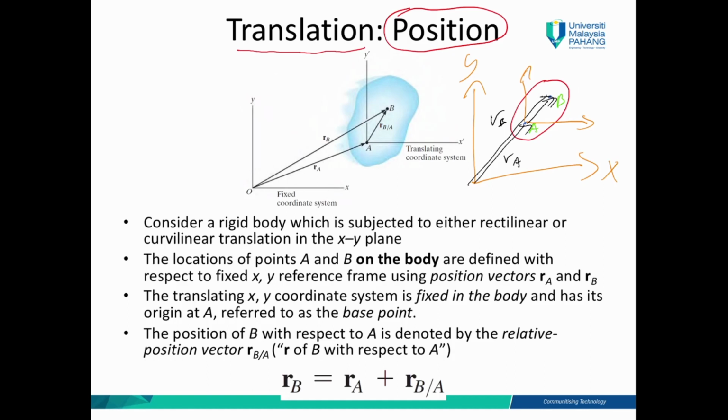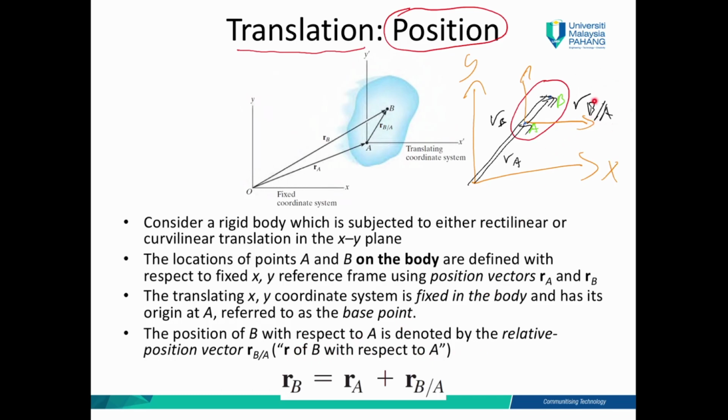So this is what we call vector R_B relative to A, or R of B with respect to A.